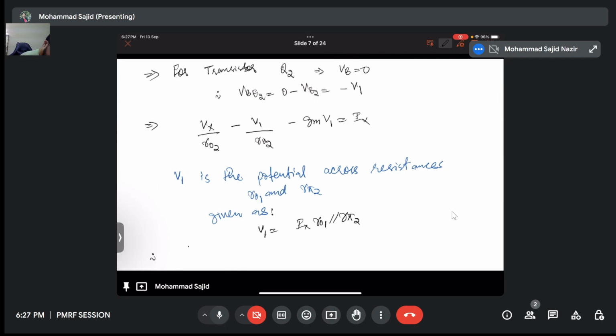Therefore, Vx by r02 minus Ix times r01 parallel rπ2 divided by r02 minus gm Ix r01 parallel rπ2 is equivalent to Ix. Let's transpose these two terms to the right hand side.